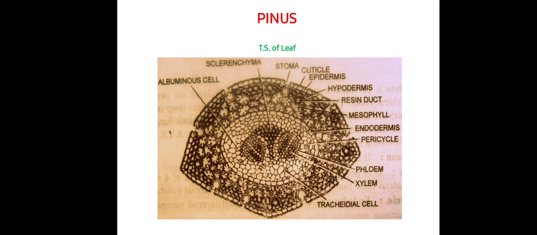Coming to the vascular cylinder or vascular bundle, transfusion tissue is present between the endodermis and the vascular bundles. This transfusion tissue substitutes the role of lateral veins. The transfusion tissue consists of four different kinds of cells, that is parenchymatous cells, albuminous cells, transfusion tracheids, and sclerenchyma.